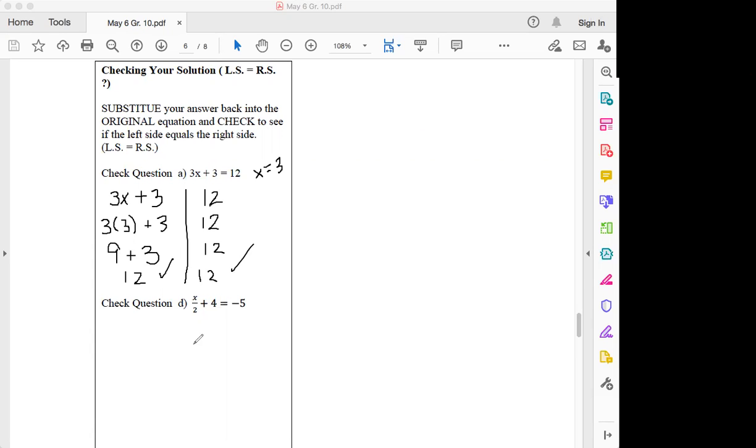And then we want to check question D, which is x over 2 plus 4 equals negative 5. And we had found that x was equal to negative 18. So wherever we see x, we're going to put negative 18.